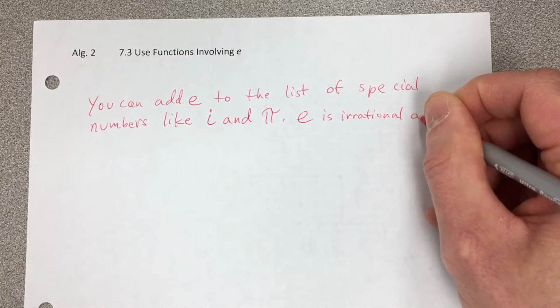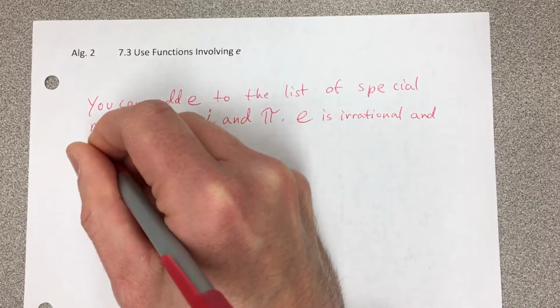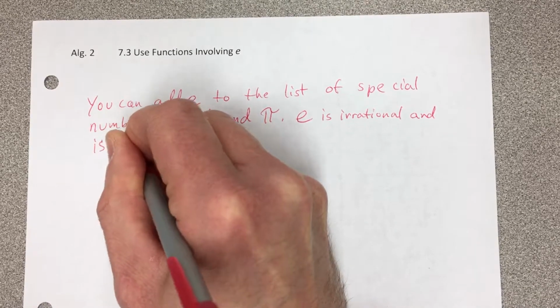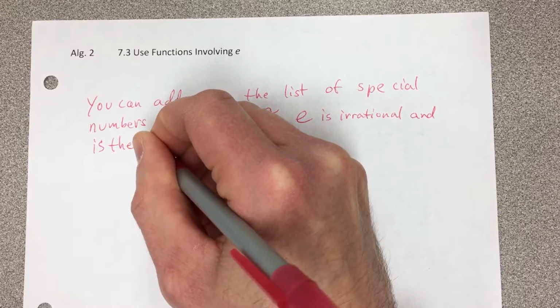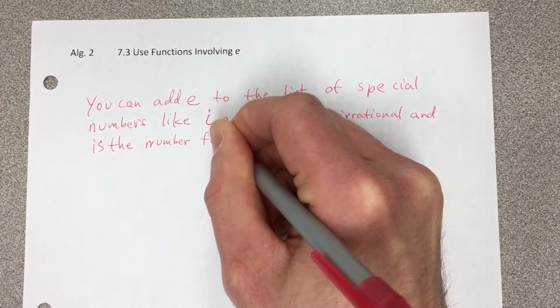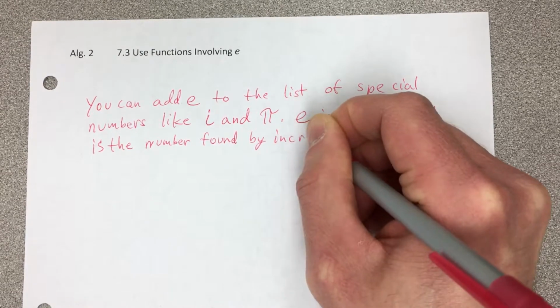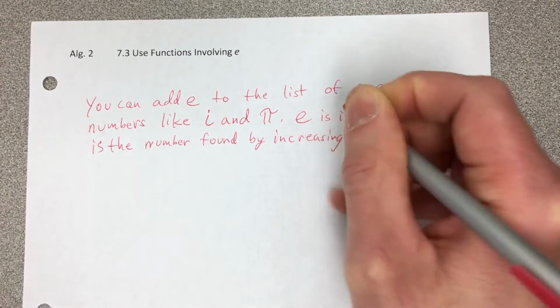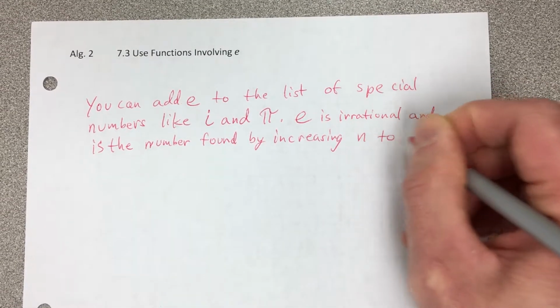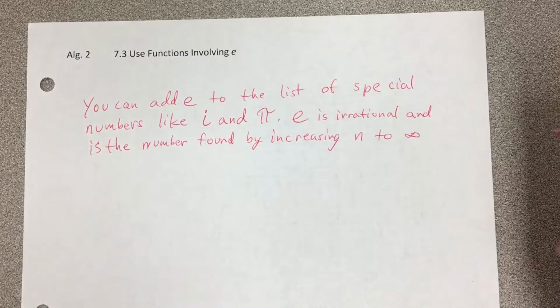and it's the number found by increasing n to infinity. Now I mentioned that in my little intro.